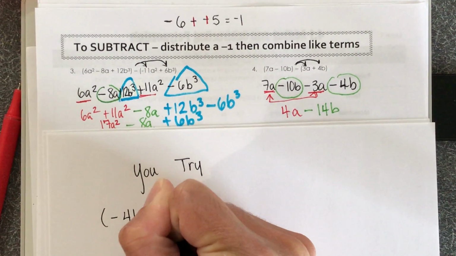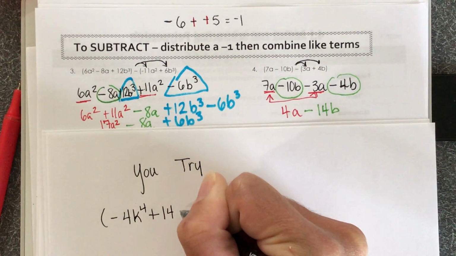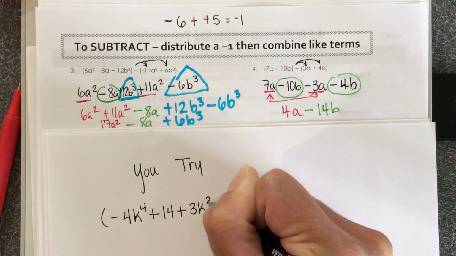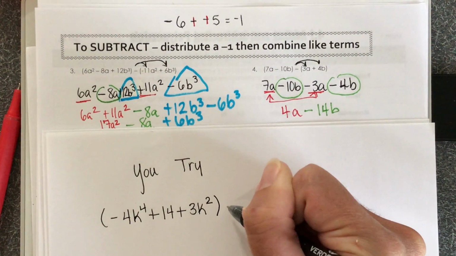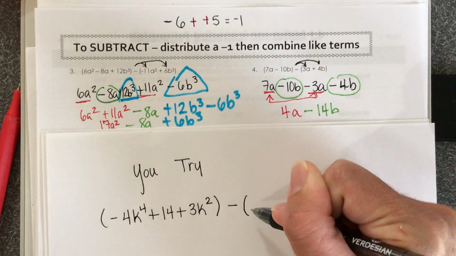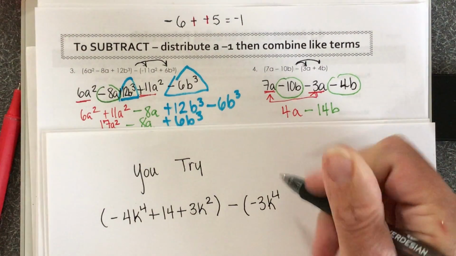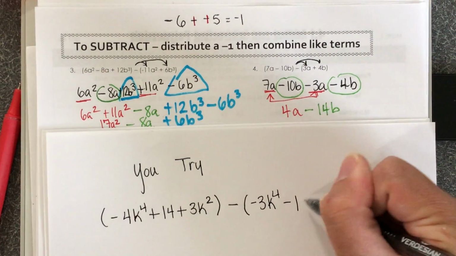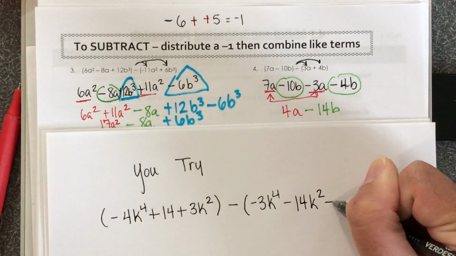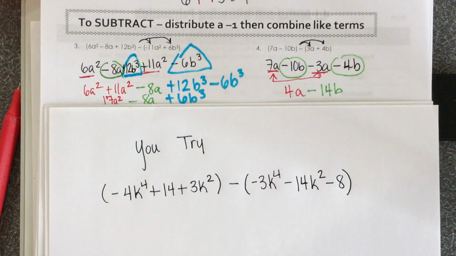So negative 4k to the fourth plus 14 plus 3k squared minus negative 3k to the fourth minus 14k squared minus 8. All right, so see how you can do on this one.